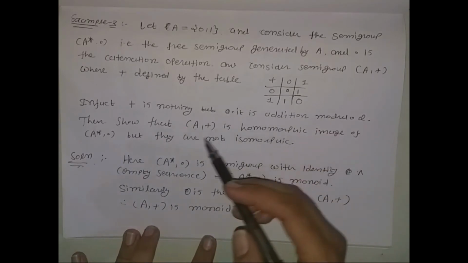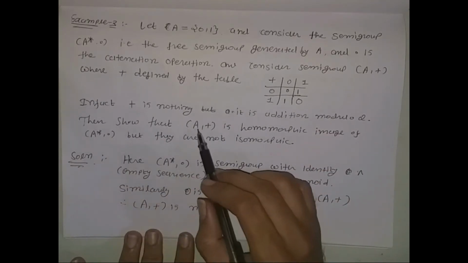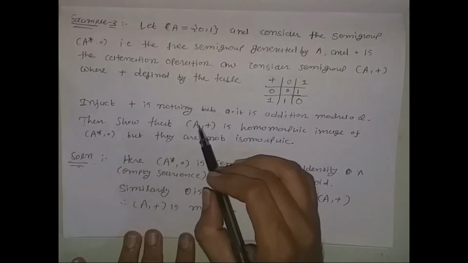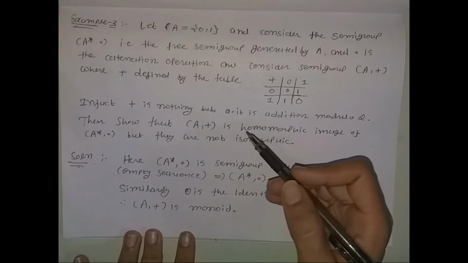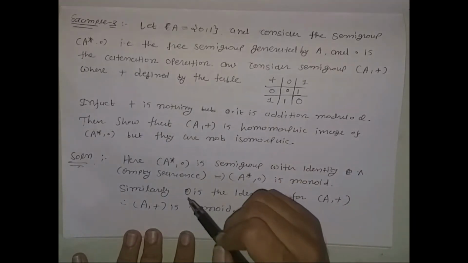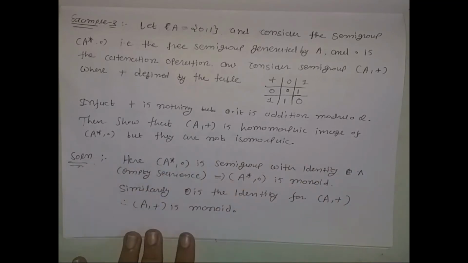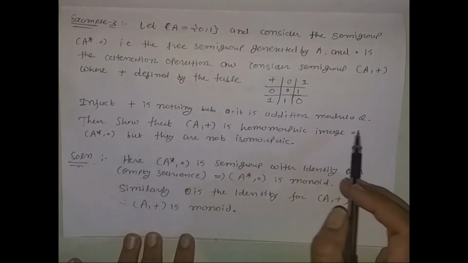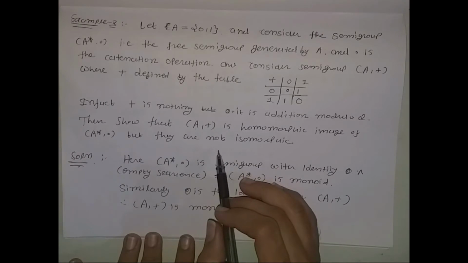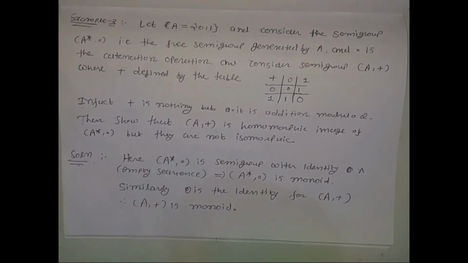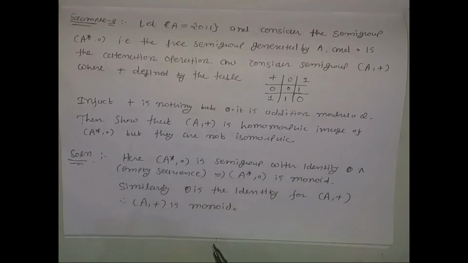If we define a map from A star to A that is a homomorphism and that is onto, then we can say that A plus is a homomorphic image of A star. Our aim is also to show that they are not isomorphic, that is, this map is not one-one.